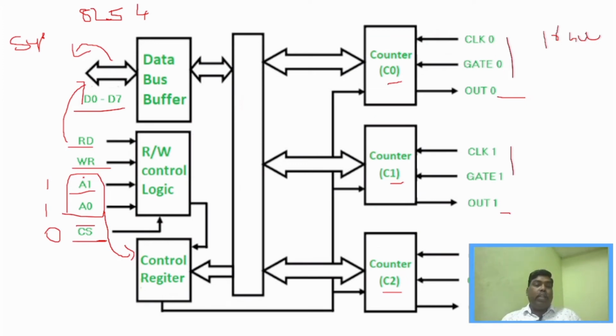These 2 bits will tell you only which counter is going to get selected, but the control word register will tell you how this counter is going to work, whether in mode 0, mode 1, mode 2, mode 3, mode 4, mode 5, right? We have 6 modes in this particular 8254. Right, this is the explanation about the functional block diagram of 8254.